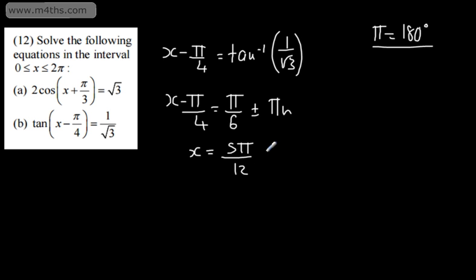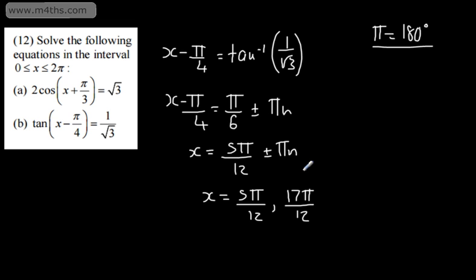Then we're going to have on here now plus or minus multiples of pi. So if I consider now, if I add another multiple of pi, x is going to be equal to 5 pi by 12. Adding the multiple of pi, that's going to give me 17 pi by 12. Just consider that 2 pi is 24 pi by 12. So by adding these multiples of pi, I'm going to have 2 in the interval from 0 to 2 pi.